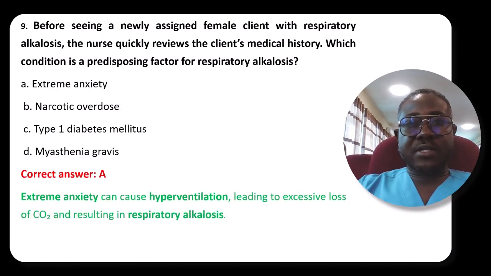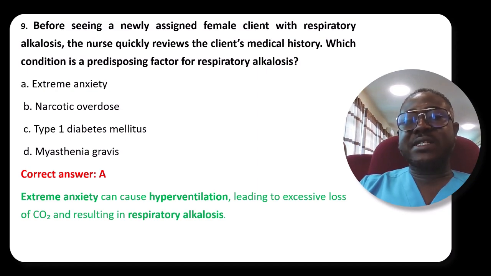Now, let's look at the stem of the question. Before seeing a newly assigned female client with respiratory alkalosis, the nurse quickly reviews the client's medical history. Which condition is a predisposing factor for respiratory alkalosis? So all the question is asking for is risk factors for respiratory alkalosis. And we say respiratory alkalosis is what? Fast breathing.